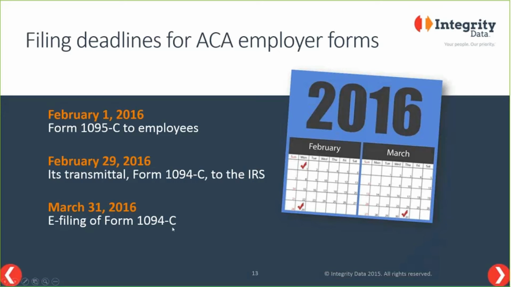If you e-file the Form 1094-C, that has to be in by March 31st, 2016. Now, if you have less than 250 1095-Cs, you have a choice, paper or e-file. If you have more than 250 submissions, you don't have a choice, you're required to e-file.